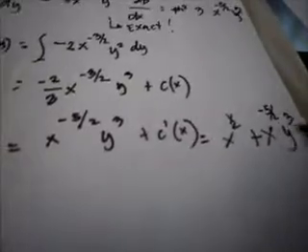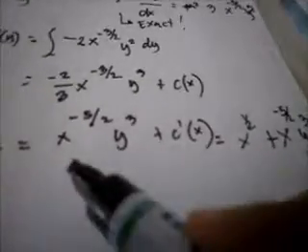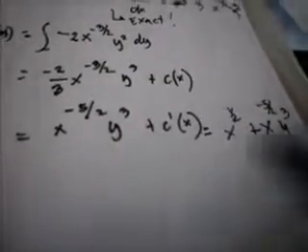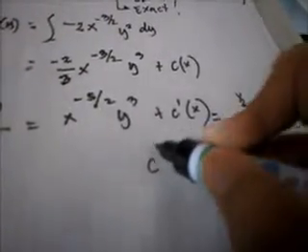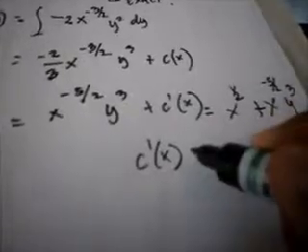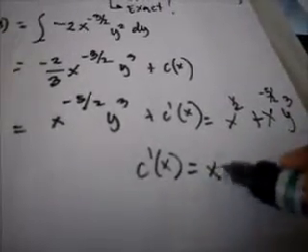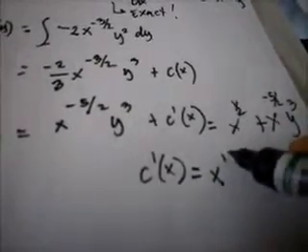The x to the negative 5 halves y cubed terms are equal, so they cancel out, and c prime of x is just equal to x to the 1/2.